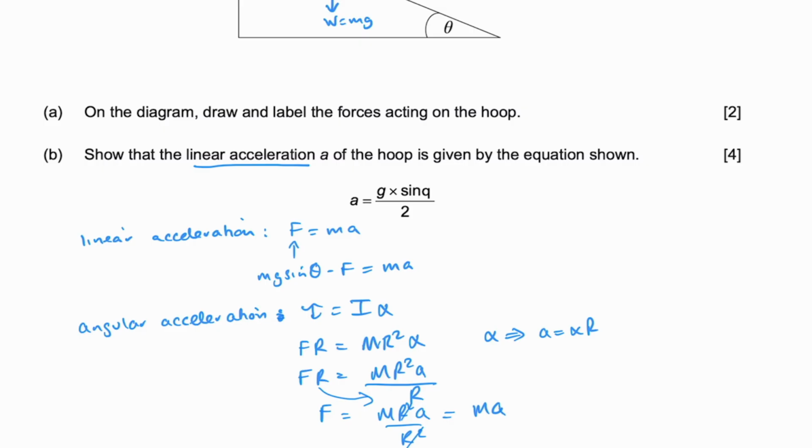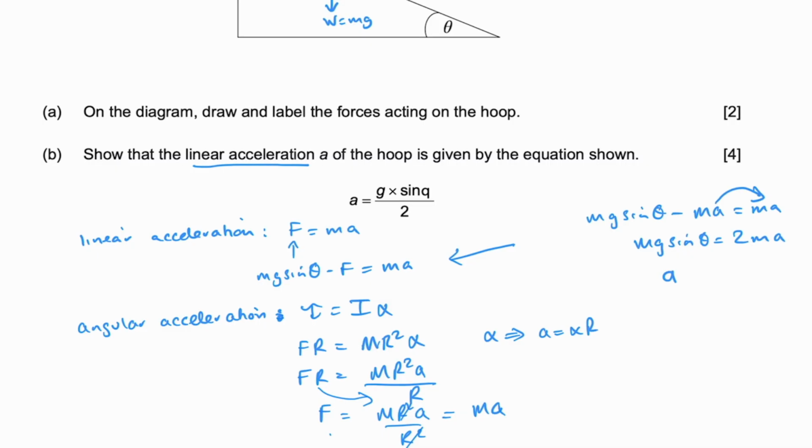Fine. Let's go to here now. mg sine theta minus F equals ma. F equals ma, so mg sine theta equals 2ma. Take that over to that side. Therefore, a equals mg sine theta divided by 2m.